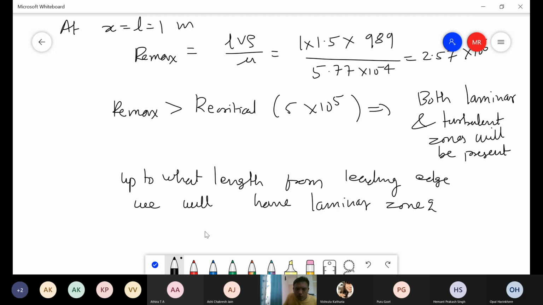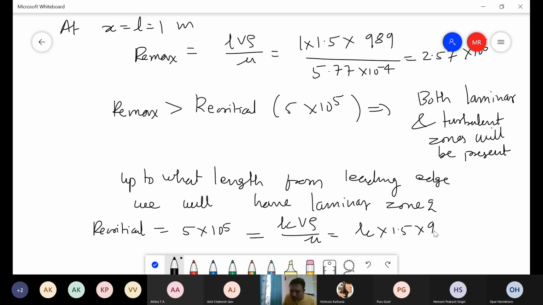That we have to find out. So how can we find out? We can just put the Re critical. So that becomes 5 into 10 raised to power 5, and that is given as Lc, which is the critical length, into V into rho by mu. So we can put Lc as it is into 1.5 into 989 divided by 5.77 into 10 raised to power minus 4.